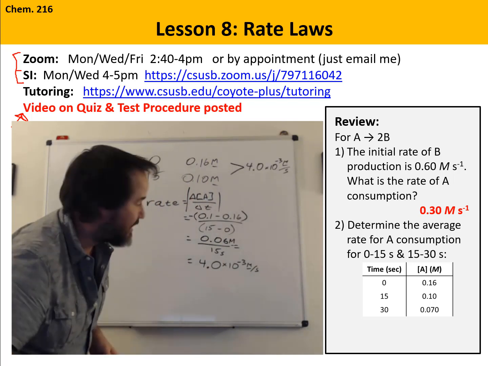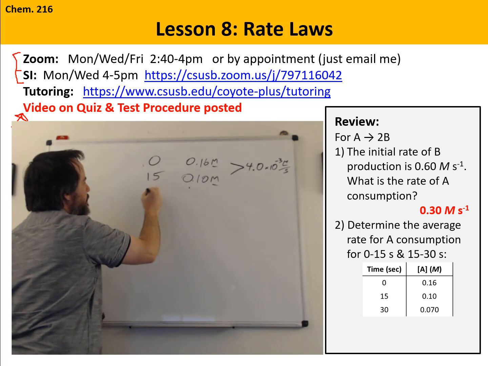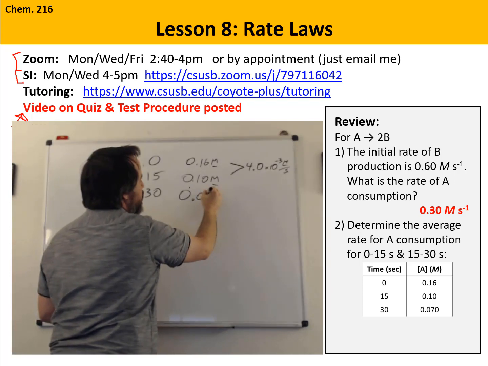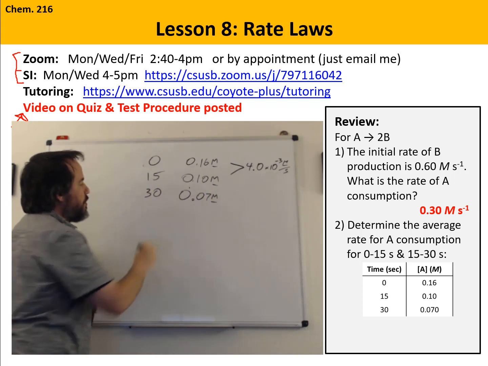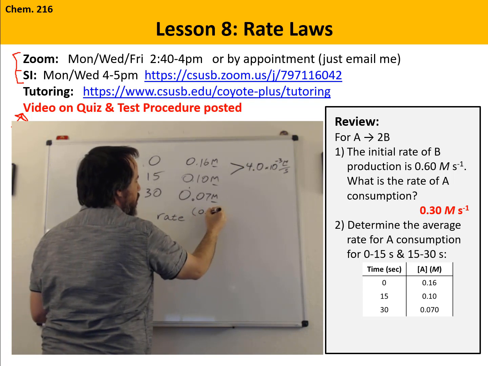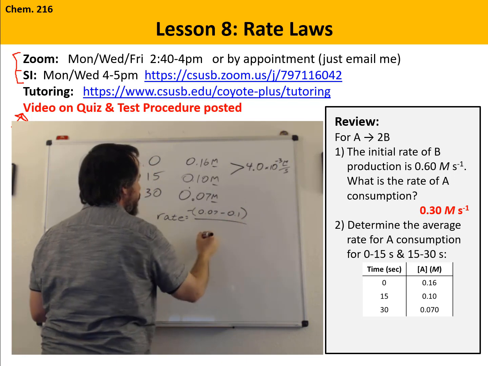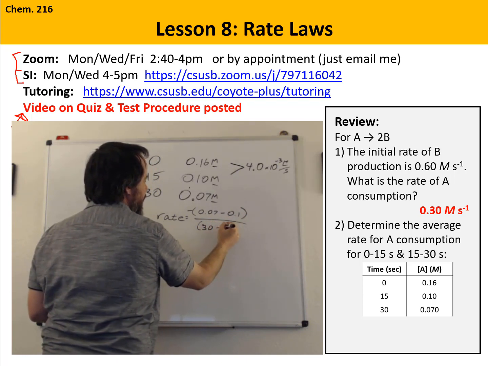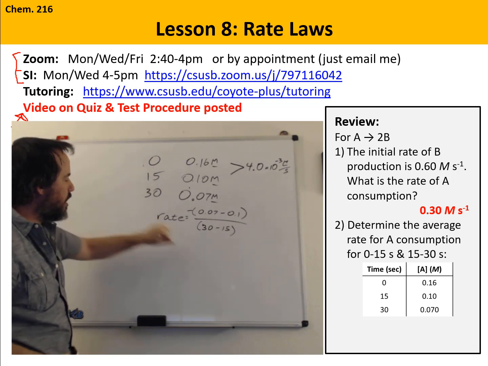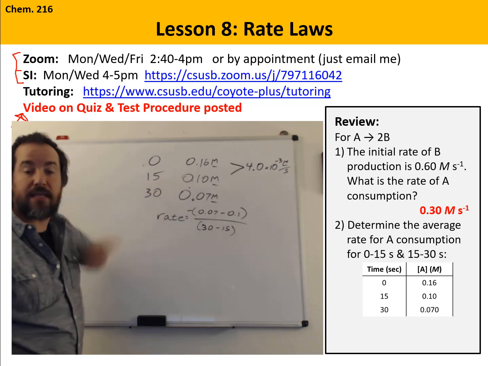Let's look at the second time. We're also asked what happens from 15 to 30 seconds. We do the same thing. The rate is going to be 0.07 minus 0.1 over 30 minus 15. Notice that if I'm only looking at this part, I do final, 30 seconds, minus the initial.